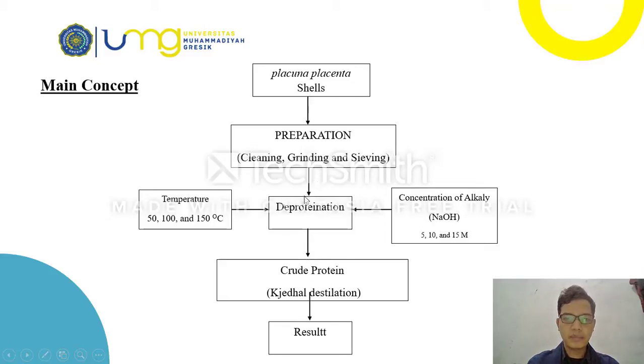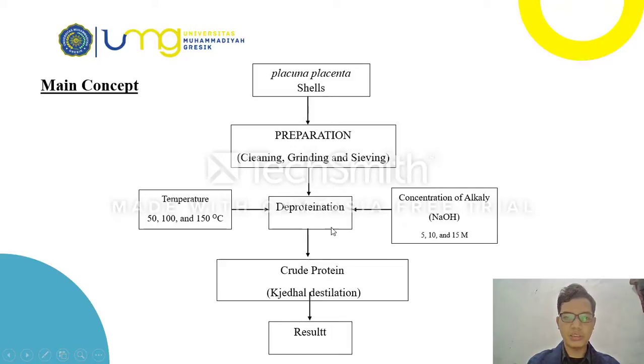Next, from the grinding, we go to the deproteination. There, we use 50, 100, and 150 degrees Celsius for temperature, and we use 5, 10, and 15 molar concentrations of alkali.